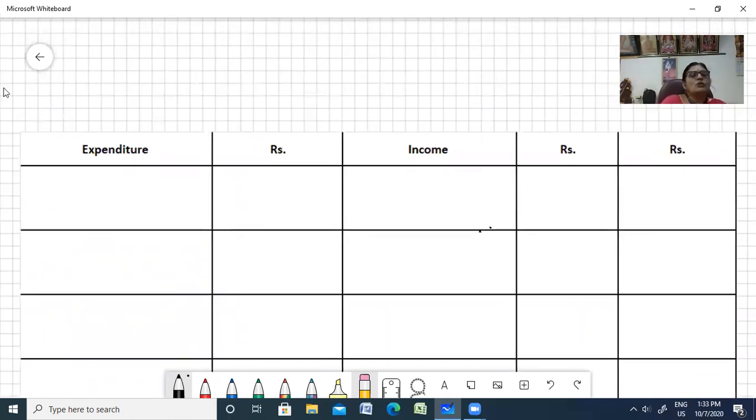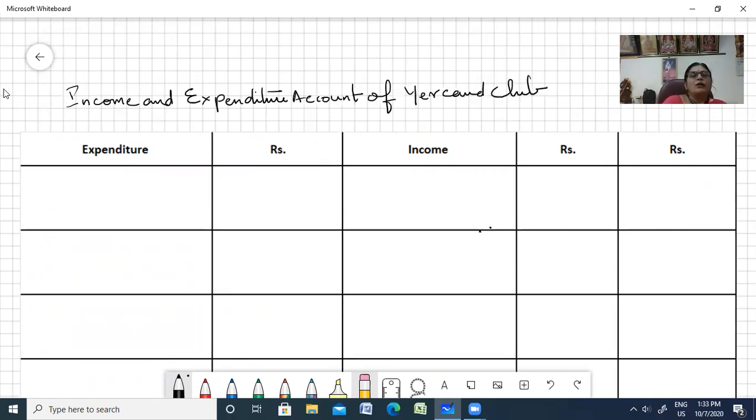Income and expenditure account of Air Club, for the year ending 31st March 2019.